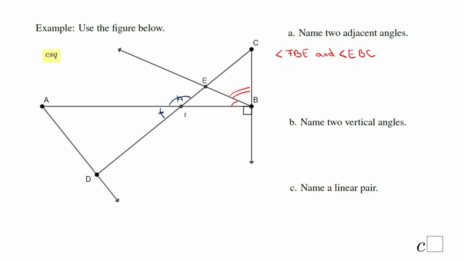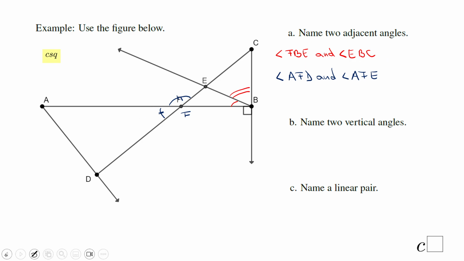This point here is F. So what will be those two angles? Angle AFD and angle AFE. And if you want to say, hey, but these two angles also form a line, they are a linear pair, that's correct.